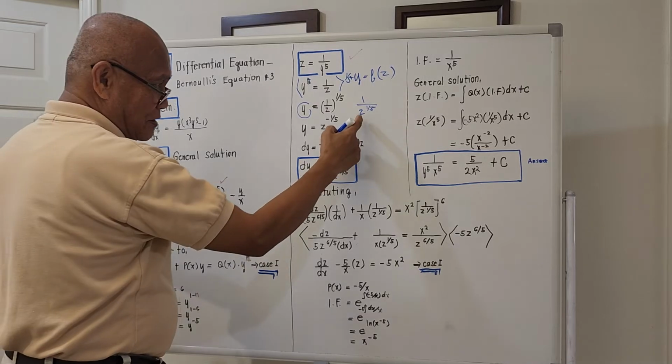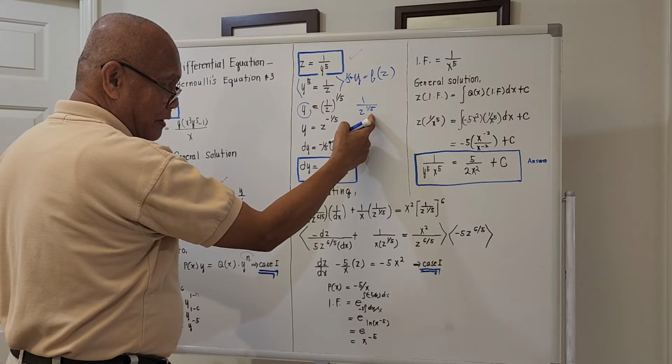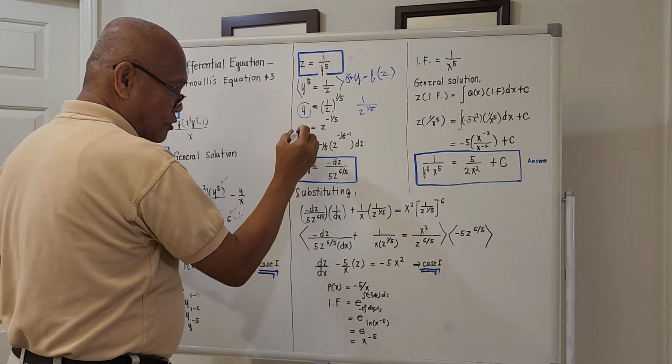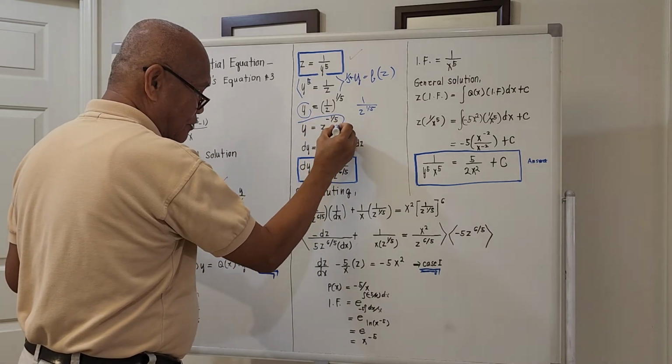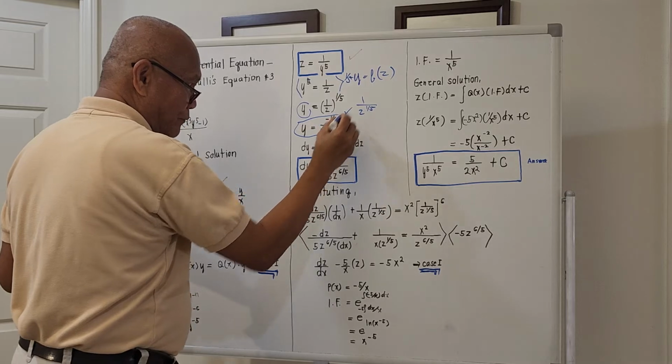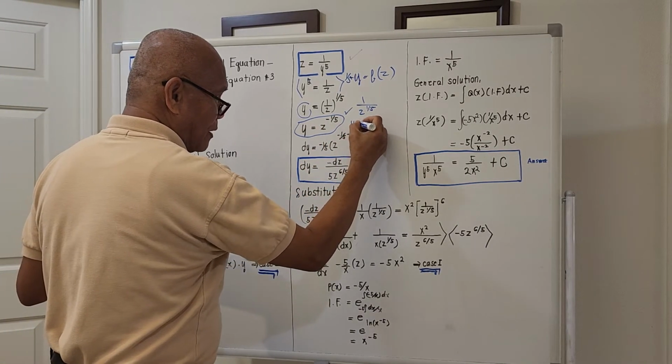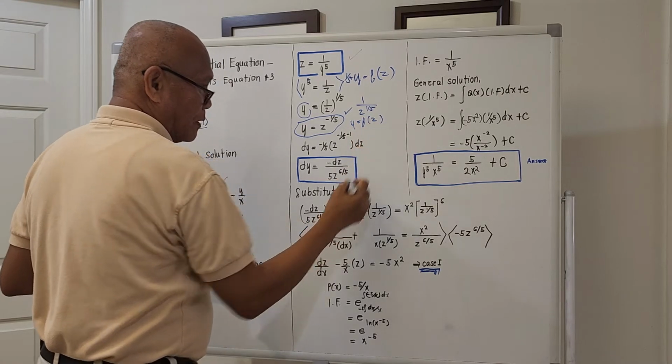The z is actually with the positive power. I want to eliminate the fraction, I bring it up. So y is actually z raised to negative 1/5. This is now the required relation of y as a function of z.